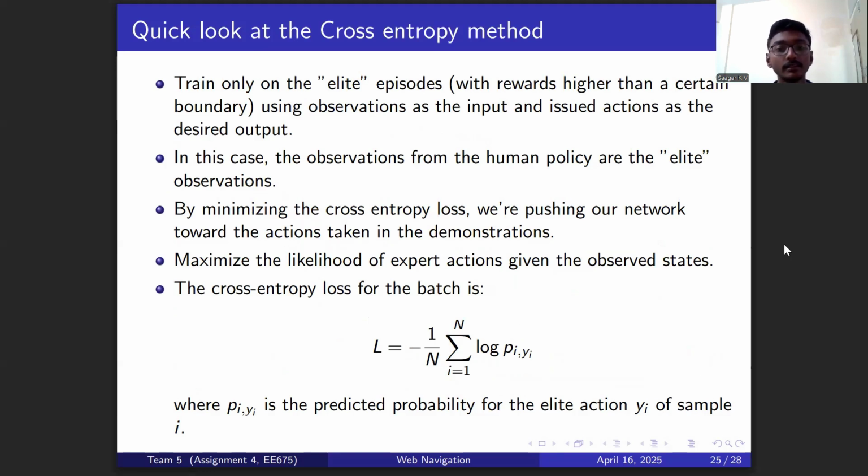Similarly, here the human policy can be considered as the elite observations because the actions taken by the human are considered to be at least good actions. And therefore, we are trying to push the model towards taking the actions in the demonstrations.